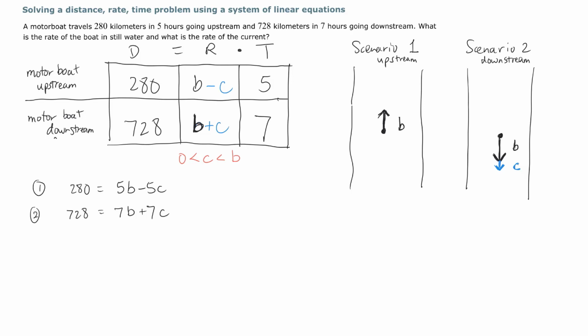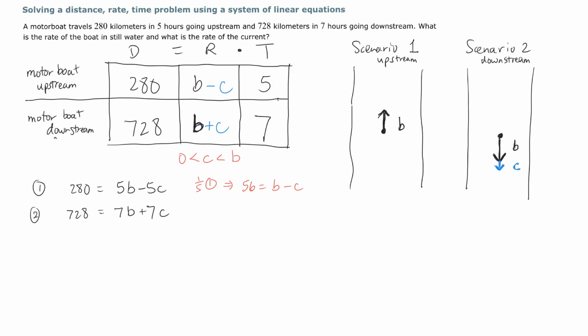I am going to do 1/5 of equation 1. So do 1/5 times equation 1. And we get, let's see, what's 280 divided by 5? That's 56. So we get 56 is equal to b minus c. Let's do 728 divided by 7.